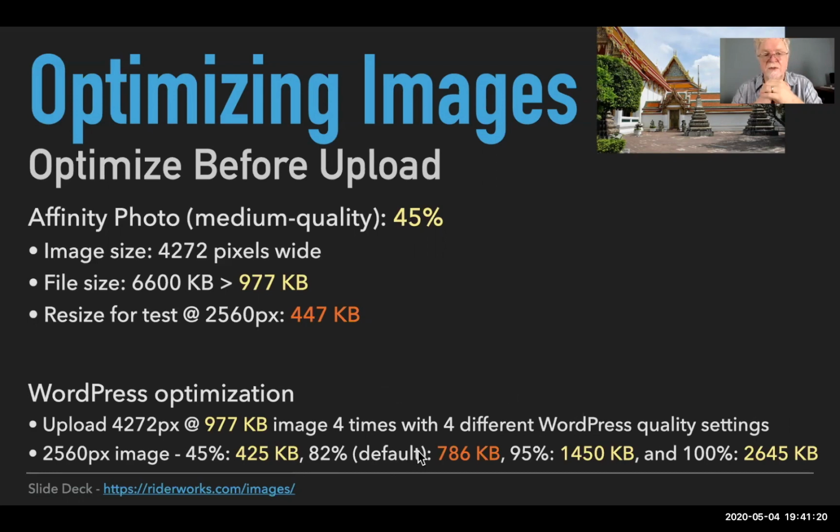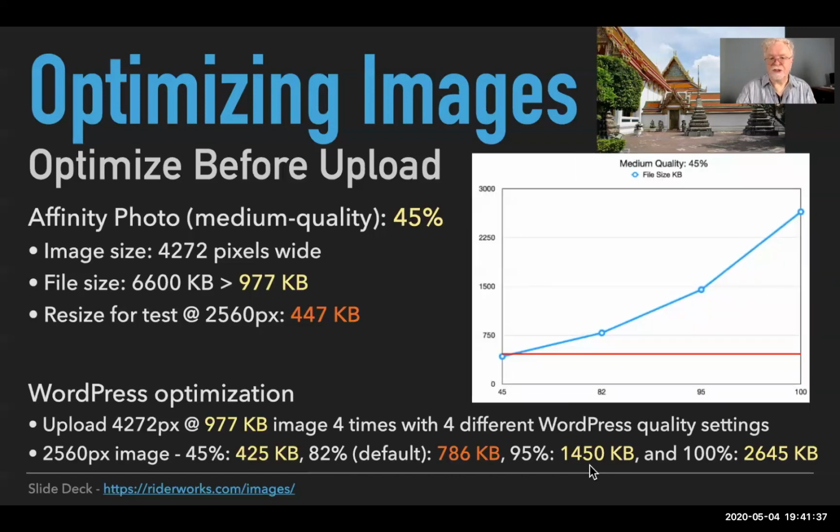To me that was like, whoa. I said, this process is broken because you don't know what you're getting at the end. Obviously the 100% is much bigger. Here's your baseline, 447, and the only one that works is the one down to 45%. There's some kind of follow-along that these have.